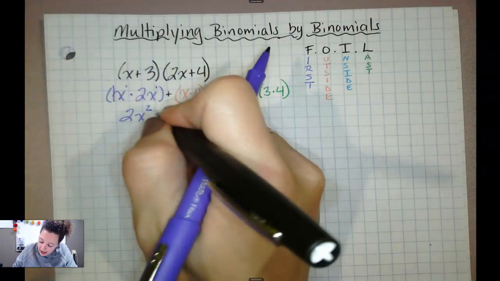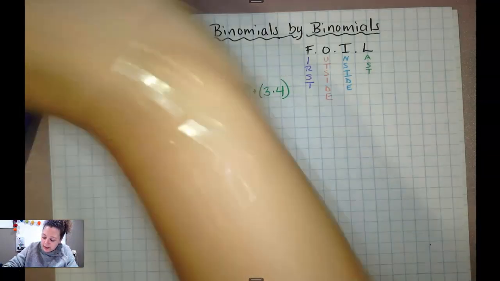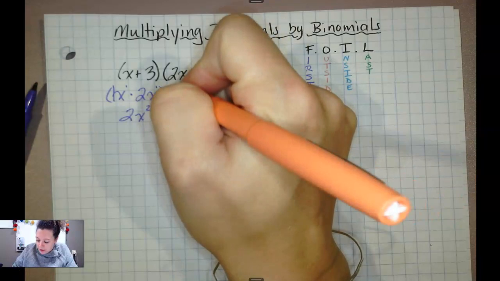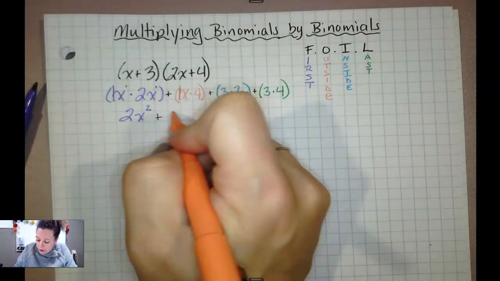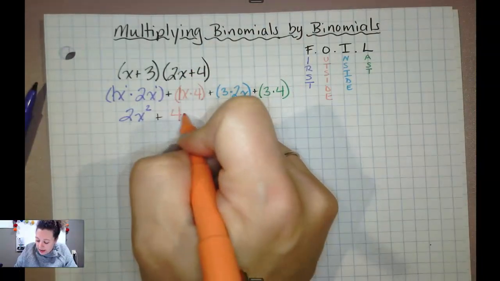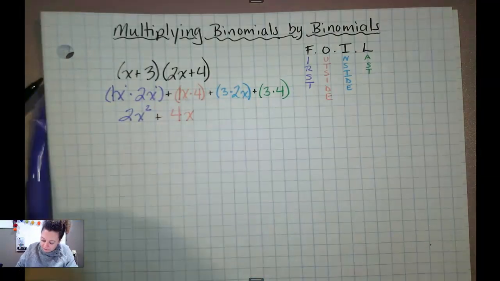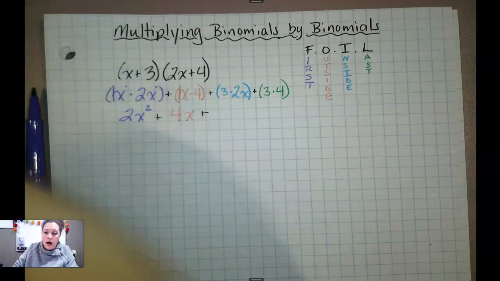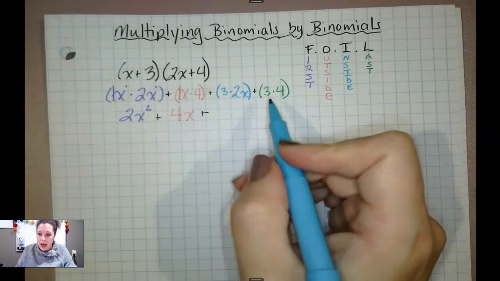To that, I'm going to add the product of x times 4. Remember there's an invisible 1 there, so 1 times 4 is 4, and then just one single x. And then to that, we're going to add the product of 3 times 2x.